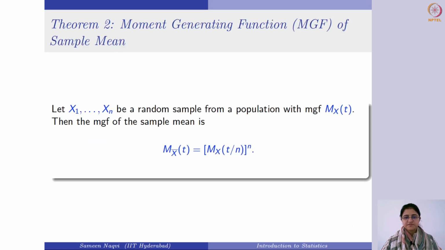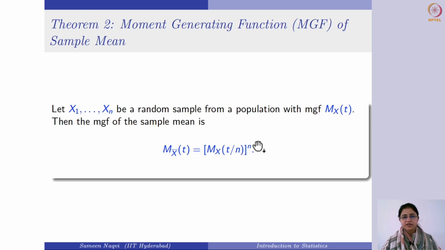Now the second theorem says that if you are drawing a random sample from a population with MGF M_X(t), this is the notation for the moment generating function of random variable x at t, then the moment generating function of the sample mean is nothing but the moment generating function of each xi at t by n, raised to the power n.